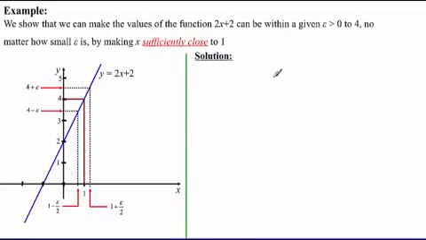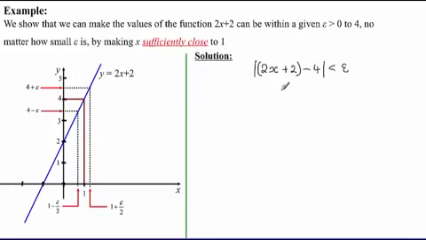In this case, we start off with 2x plus 2 within a distance from 4 less than epsilon, where epsilon is an arbitrarily small number.